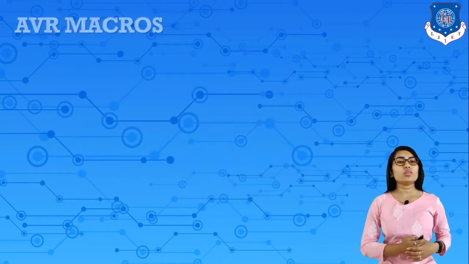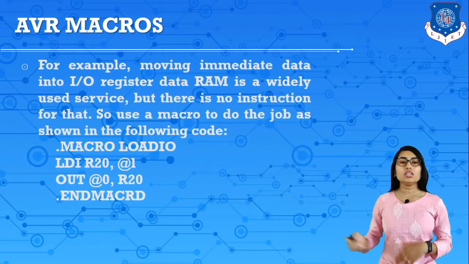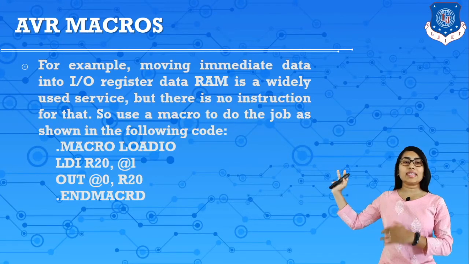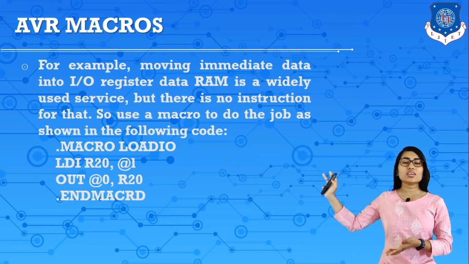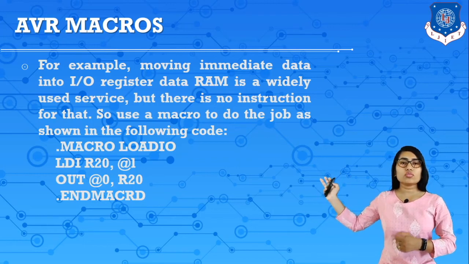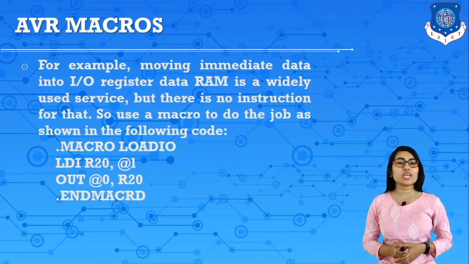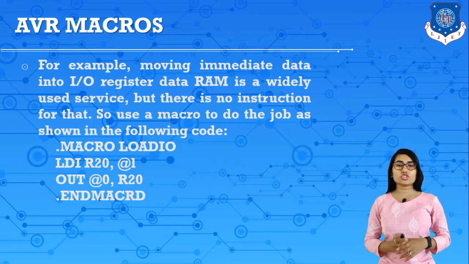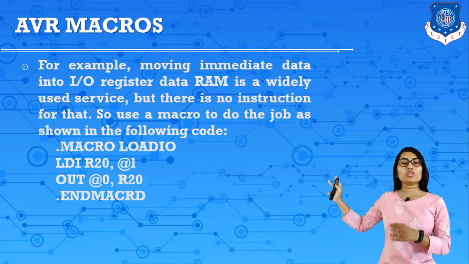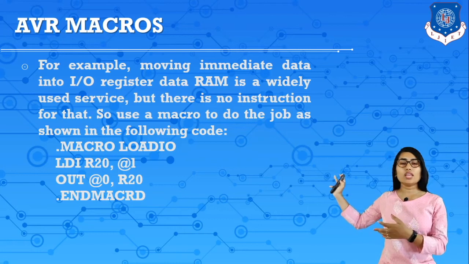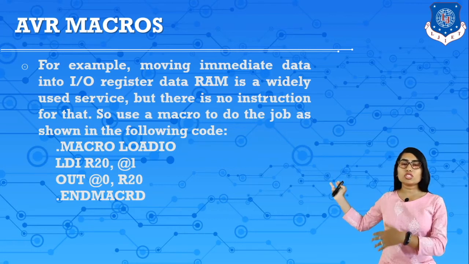Here we have an example of moving immediate data to an input output register. Moving immediate data to an I/O register in data RAM is widely used, but there is no instruction for that, so we use a macro to do that job. Here .macro and write a name, LOADIO, that means load IO.